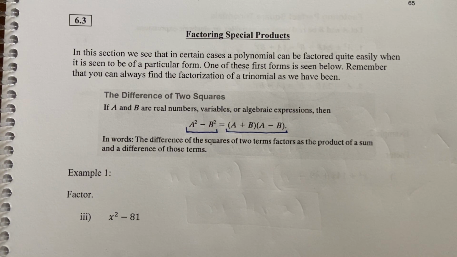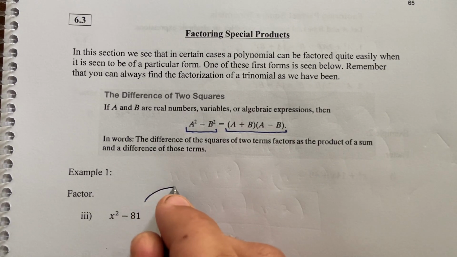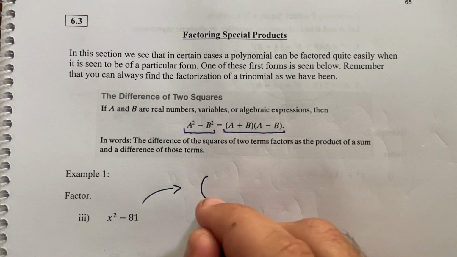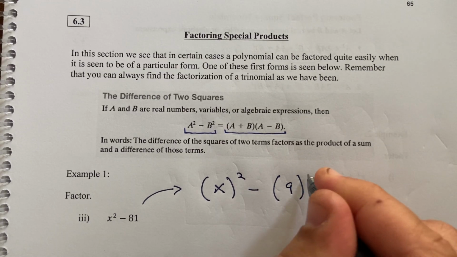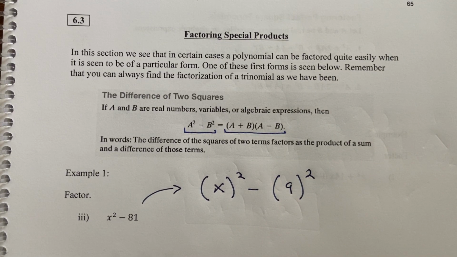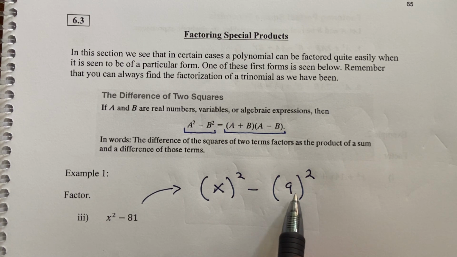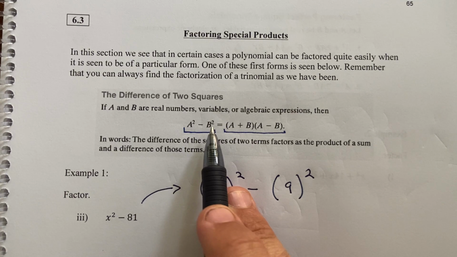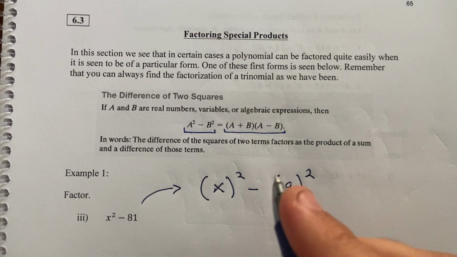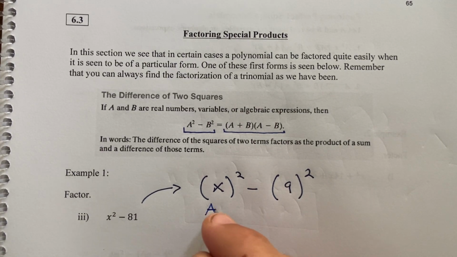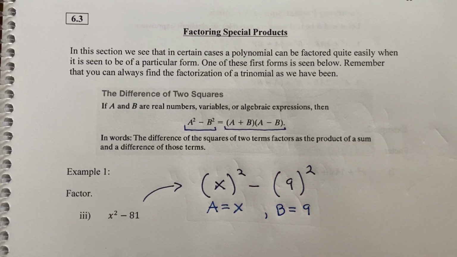Okay? So what I mean by that is this thing is the same as x all squared minus 9 all squared. So we do indeed have something squared minus something else squared, right? For this problem, A is being played by x, and B is being played by 9.